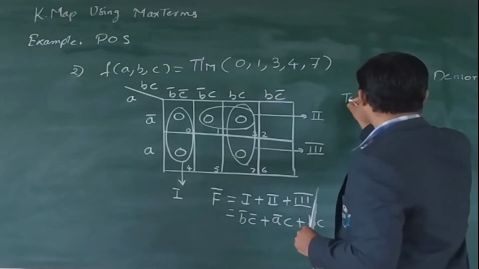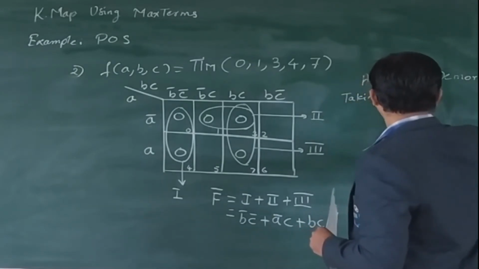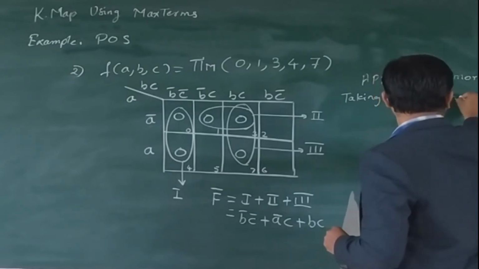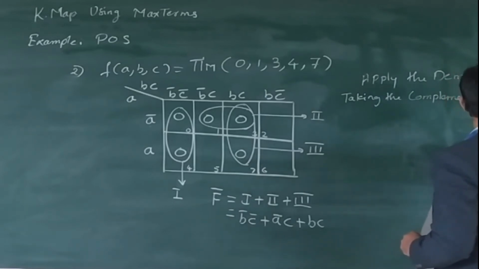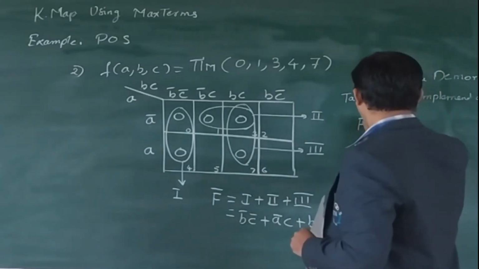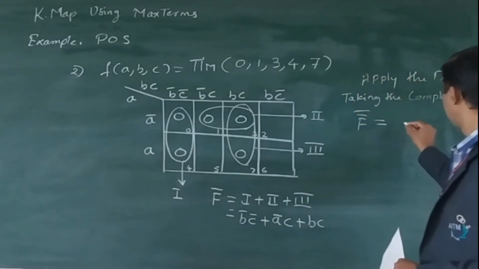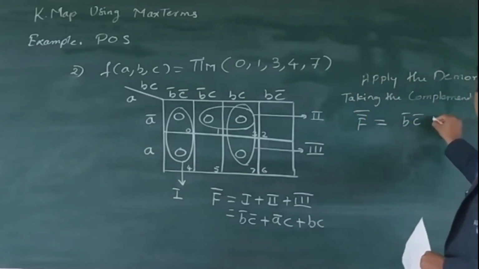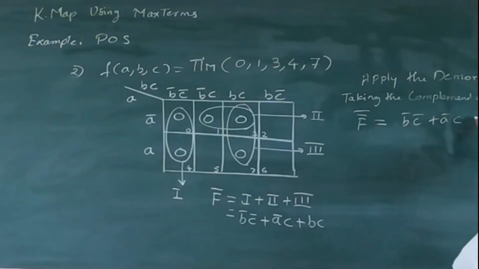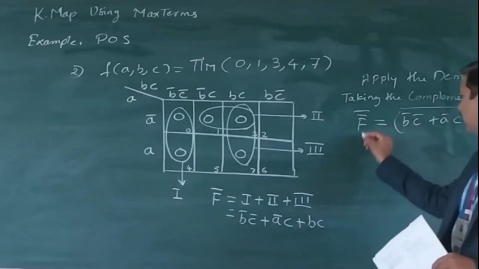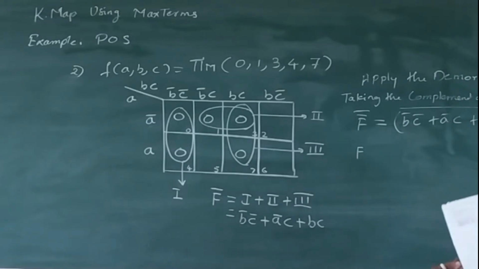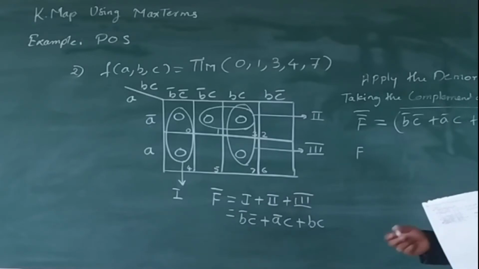By taking the complement on both sides, we have F double bar equal to B bar C bar plus A bar C plus BC, whole bar. Now F double bar becomes F. The complement of a sum is equal to the product of individual complements, and the complement of a product is the sum of individual complements. This is what De Morgan's law suggests.